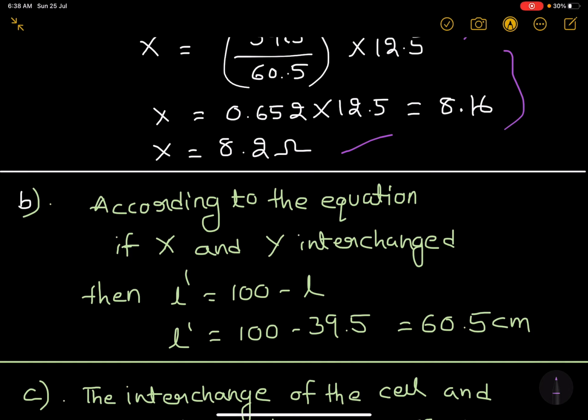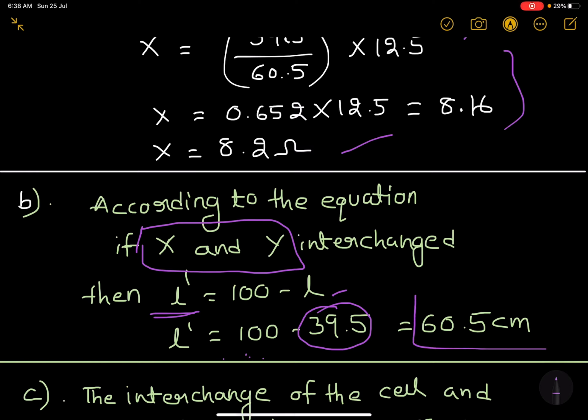Same in the second question, according to the equation given above, if X and Y are interchanged, what happens? The new length L dash equals 100 minus L, where the first balancing point is 39.5. When we subtract, the new length comes to 60.5 centimeters.